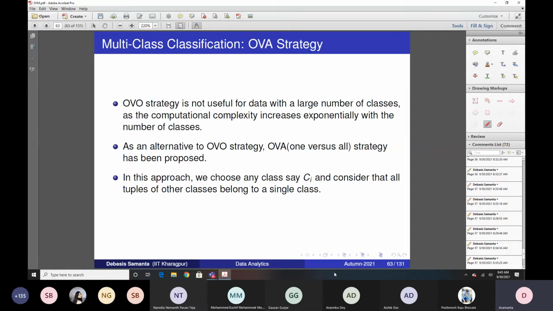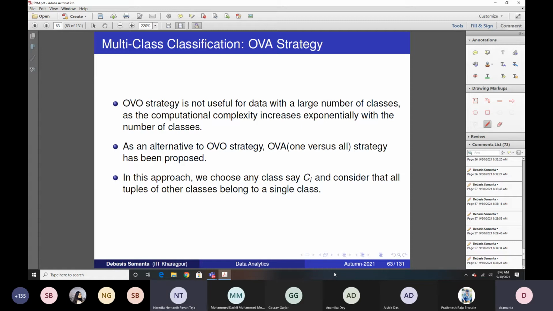But in the OVA strategy, only k hyperplanes need to be modeled. So it is kC2 versus k. Definitely for larger values of k, kC2 is always greater than k. That is why the OVA strategy is a better strategy than OVO when the number of classes is much higher.